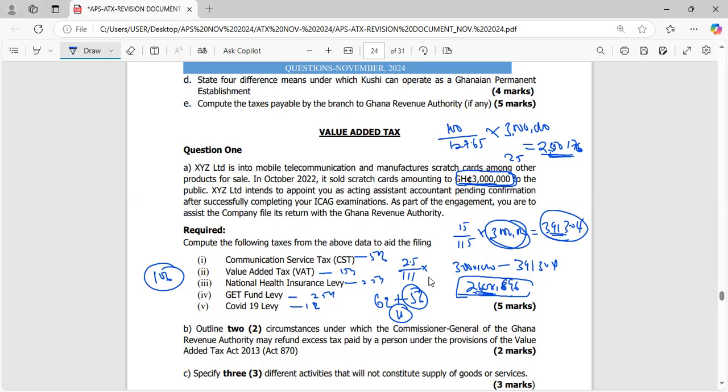So for you to get the levies, the National Health Insurance levy will be 2.5 divided by 106, multiplying the 2,608,696. To get the COVID, 1 over 106. To get the GetFund, 1 over 106. That's simple. You are good to go.